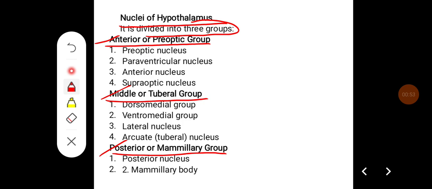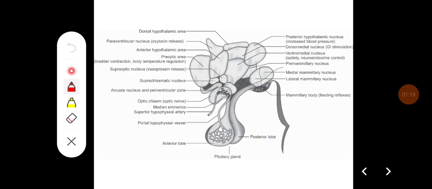The anterior group consists of preoptic nucleus, paraventricular nucleus, anterior nucleus, and suprachiasmatic nucleus, which have different specific functions to serve. And the middle group or tuberal group consists of dorsomedial, ventromedial, lateral nucleus, and arcuate or tuberal nucleus, whereas the posterior group consists of posterior nucleus and mammillary bodies.